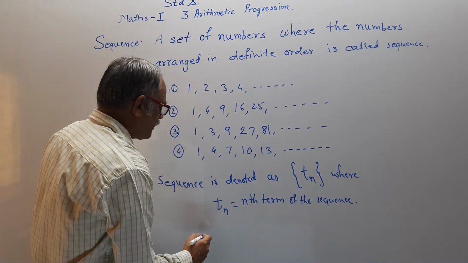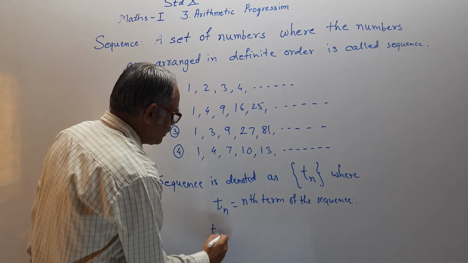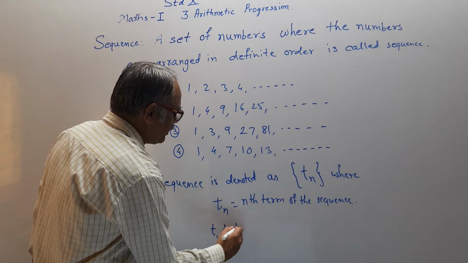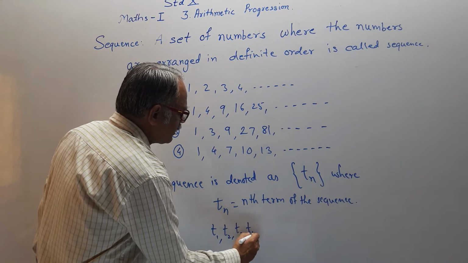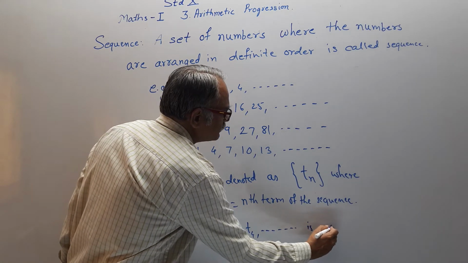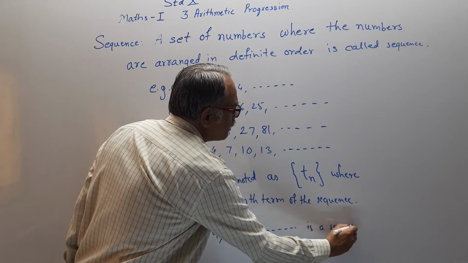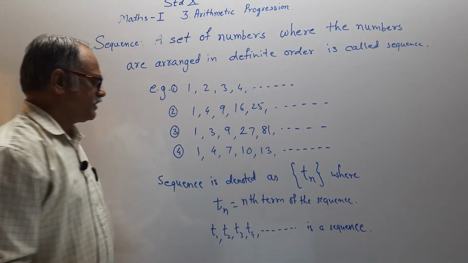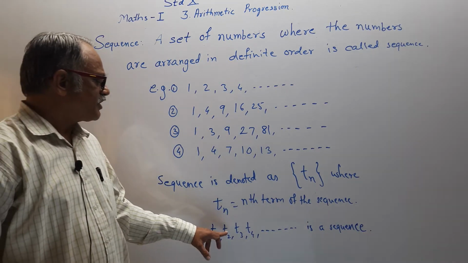What is the meaning? T1 is the first term, T2 is the second, T3, T4, like that. It is the general language of writing a sequence. T1 means first term, T2 second term.